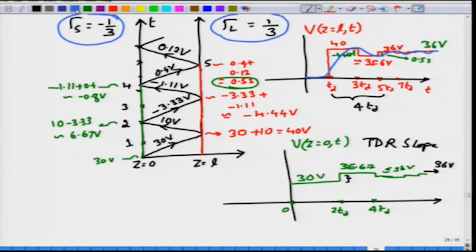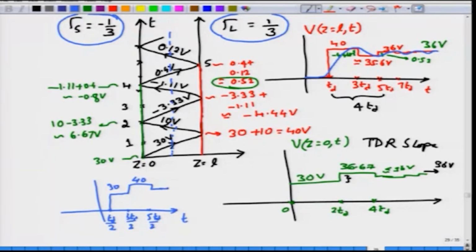Finally, I am not done yet. I want to look at the voltage in this particular way, that is at the middle of the line, and that is rather easy to construct. So, at time t equal to 0, nothing, at time t equal to Td by 2, you have a voltage of 30 volt, which will again change from 30 to 40 at 3 Td by 2, that is 1.5 times Td, and then it will go slightly down at 5 Td by 2 and so on.